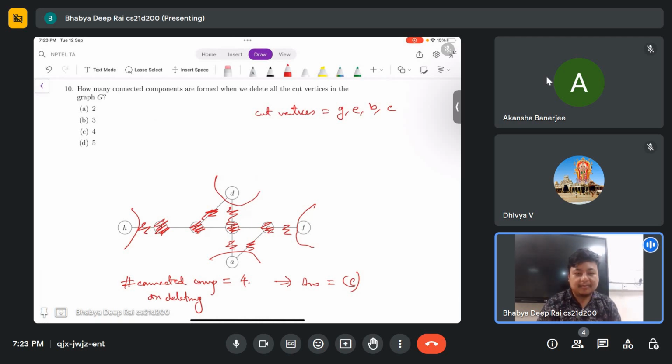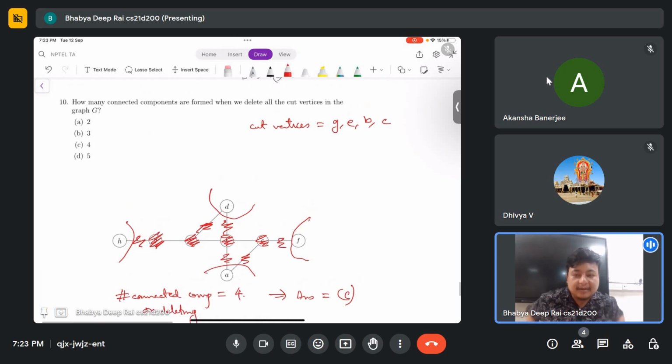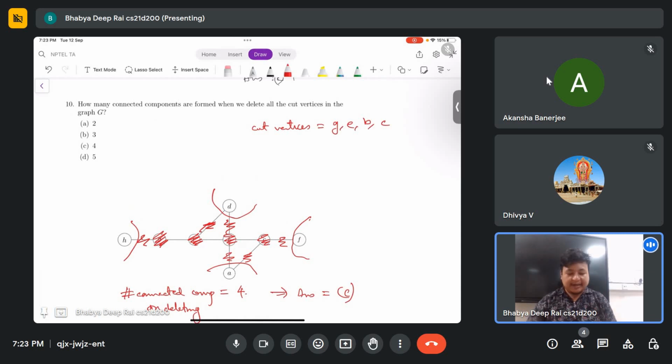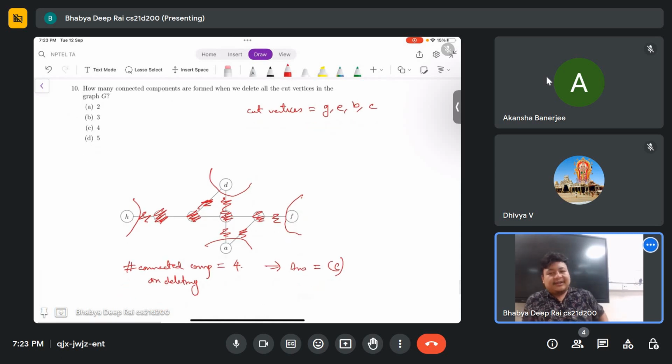Please let me know, Akanksha, Divya, if this question was fine, because we've reached the end of the sessions now. I didn't think they would be completed so soon. Or let me know if there is a previous question you want me to solve again, or if you have some doubts there.